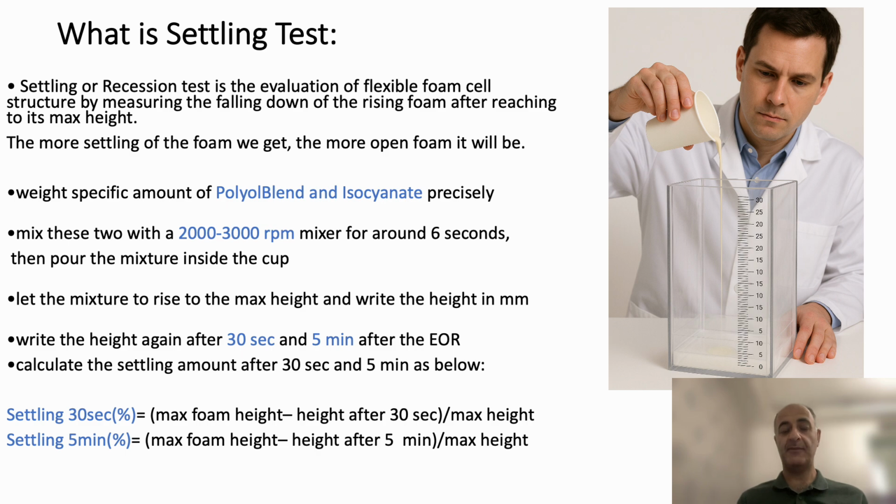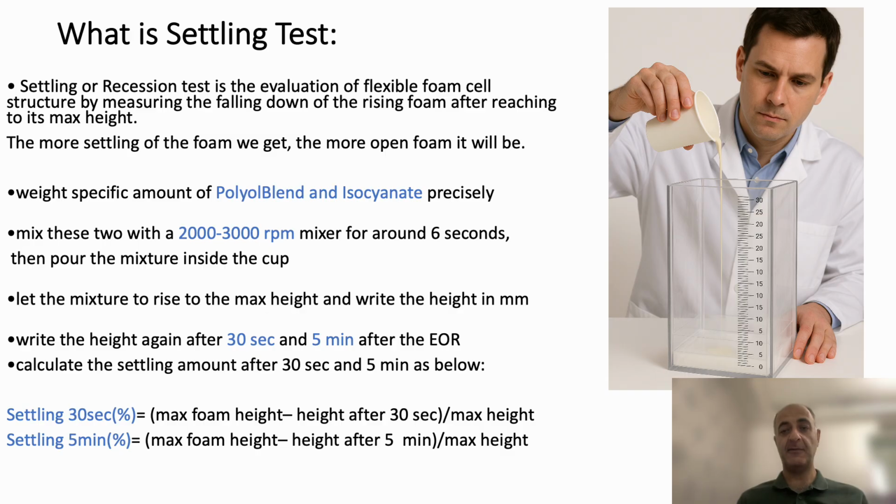So how is the settling test measured? As you can see in the right picture, the R&D person weighs the specific amount of polyol blend and isocyanate based on the ratio of these two and the index we would like to work with.